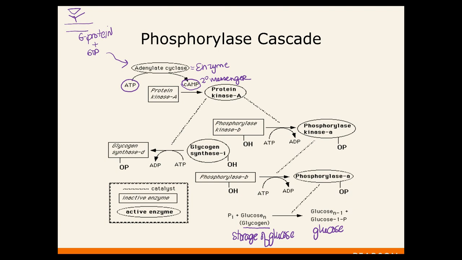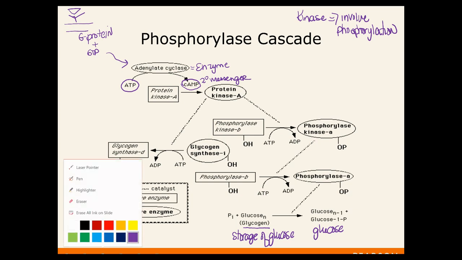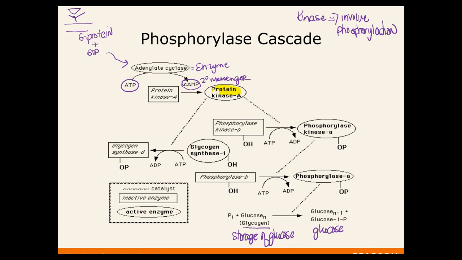We have what are called kinases, and anytime you see the word kinase as an enzyme, it means that it's going to involve phosphorylation. Okay, so cyclic AMP is going to convert an inactive protein kinase A to an active one. So let me highlight. Here's the key, active enzyme.